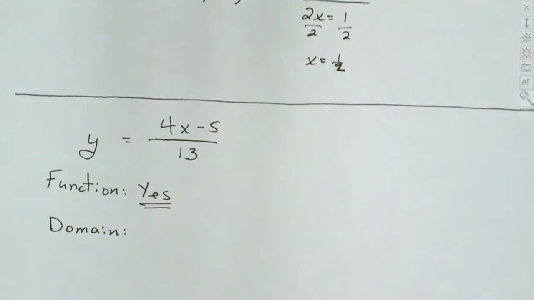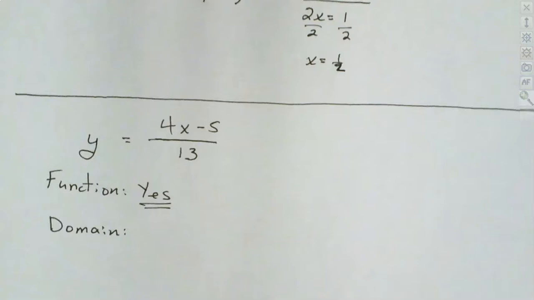When we talk about the domain, and we talk about these fractions, what I mean by that is x is down below in the denominator. Now, when I look at this one, do I have x in the denominator, the bottom half of that fraction? No, x is not down below, x is on the top, in the numerator.